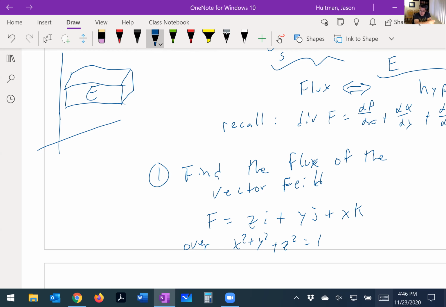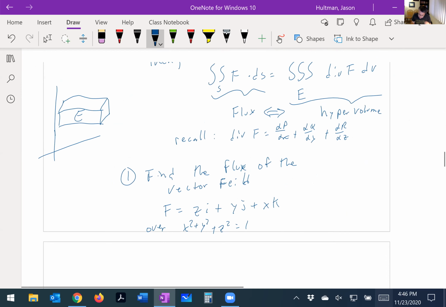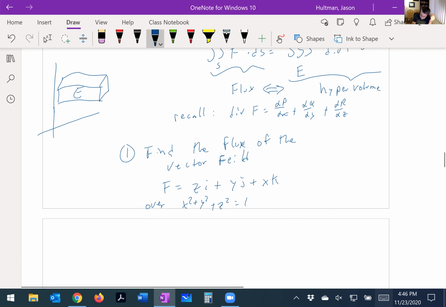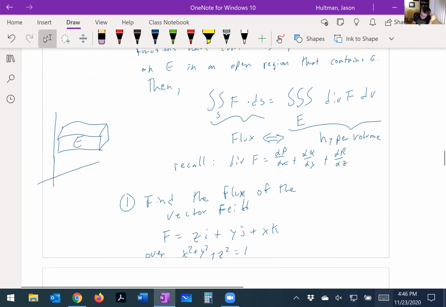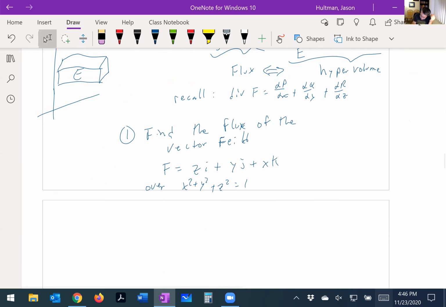So what do we want to do? The flux of this is equal to this triple integral over the volume. Okay, integrating over the volume, over this sphere, the unit sphere.